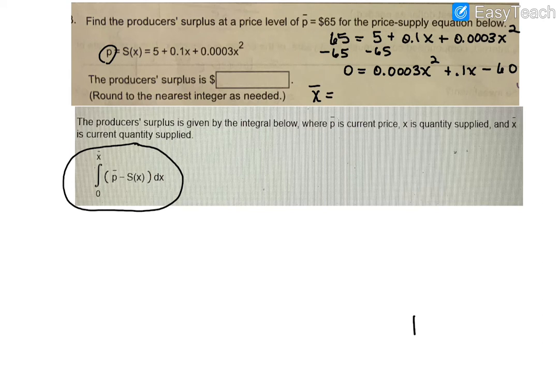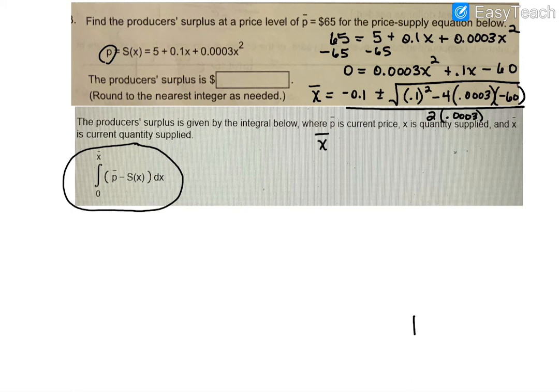So I'll take my opposite of B, so that'll be a negative 0.1, plus or minus the square root of b squared, so 0.1 squared, minus 4 times my a, which is 0.0003, times my c, which is a negative 60, and then all of that is divided by 2 times my a, 0.0003. Now, you're going to get two answers when you punch this out.